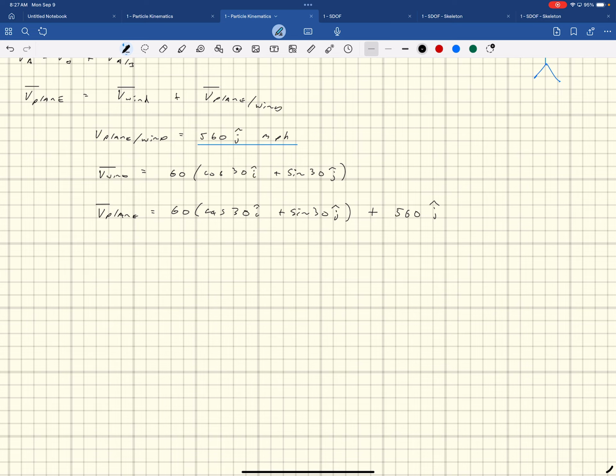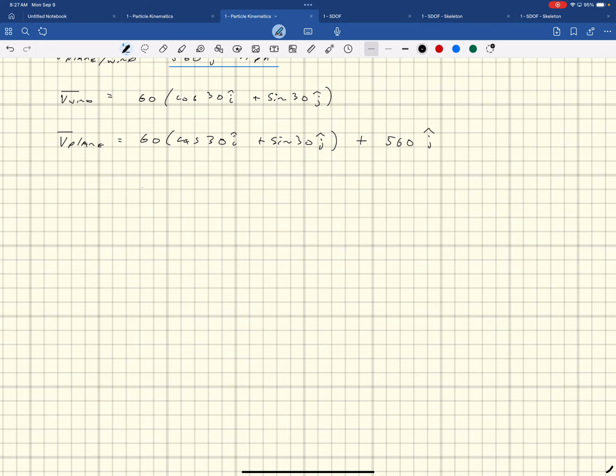You can't add an I to a J, but you can add two J's together. Just some vector math. What you get here is equal to 51.96 in the I plus 590 in the J miles per hour. That's its velocity vector.